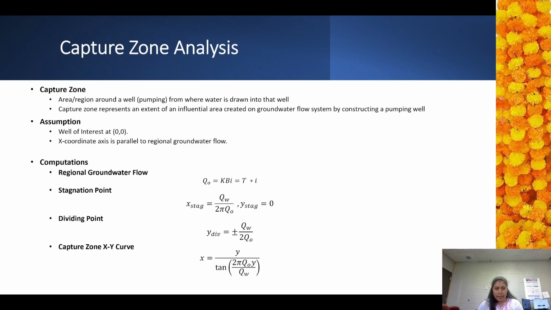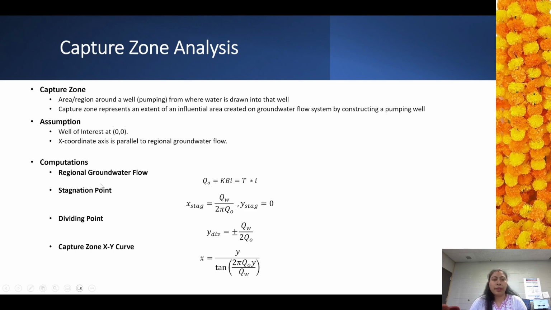So for the capture zone analysis, the basic two assumptions that were made: we'll be using it for our well A, considering its center as 0, the origin, and we will first assume that our flow direction is along the x coordinate, which is the stream.